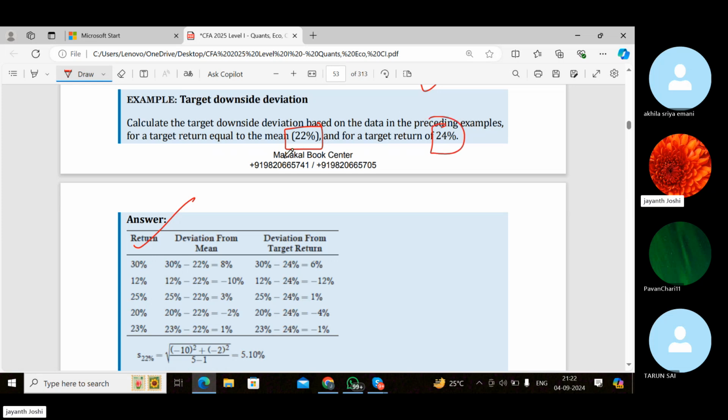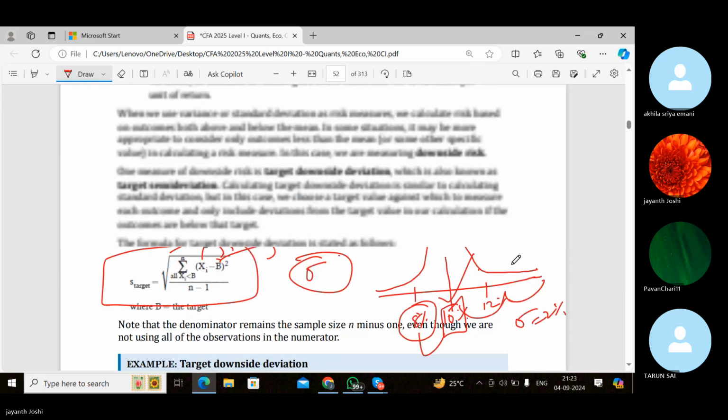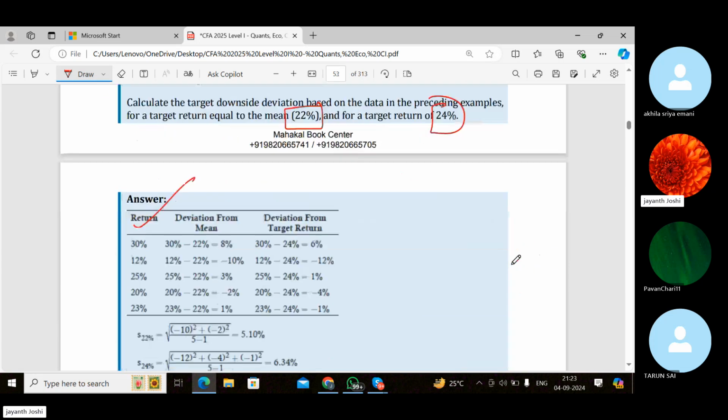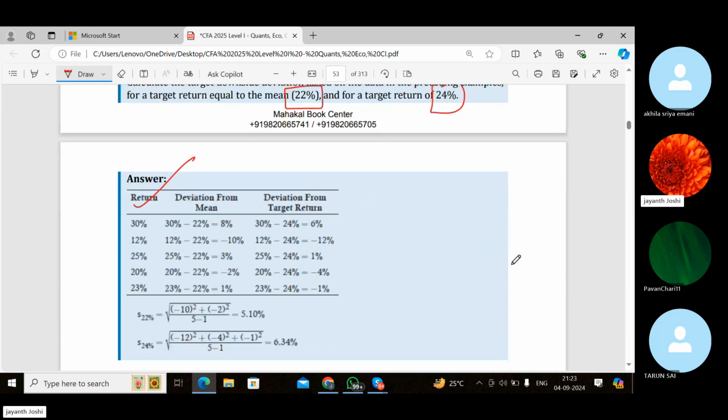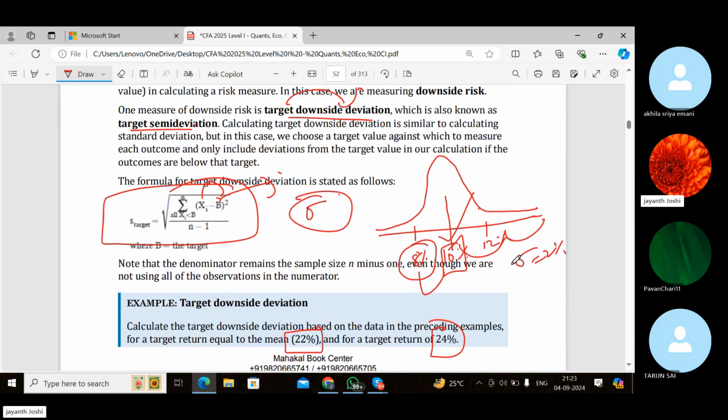Given the targets, what is your downside risk or target downside deviation, which you eagerly want to know? That will show you how much you are away from your targets. How much variability is there in achieving your targets. The more the variability, the more the risk.